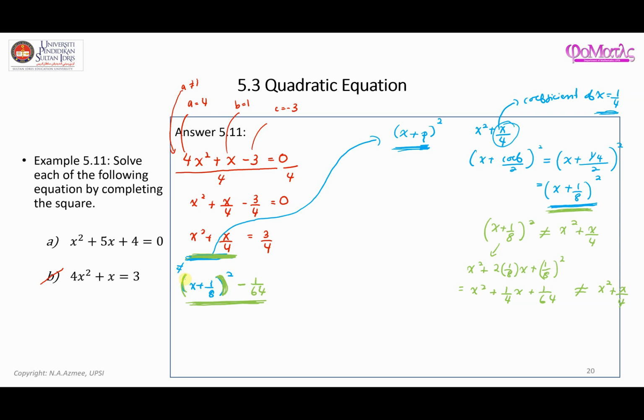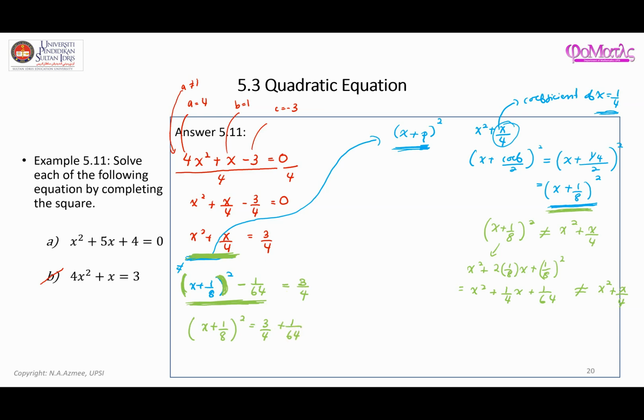So now I have adjusted the whole left hand side so that it really is similar to the above expression, and this is equal to 3 over 4. Now what I'm going to do next is I have x plus 1 over 8 squared is equal to 3 over 4 plus 1 over 64.